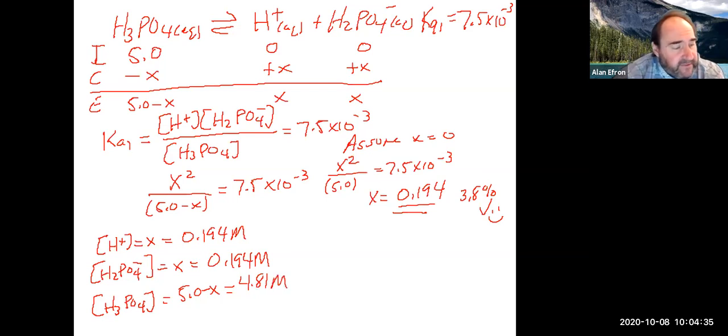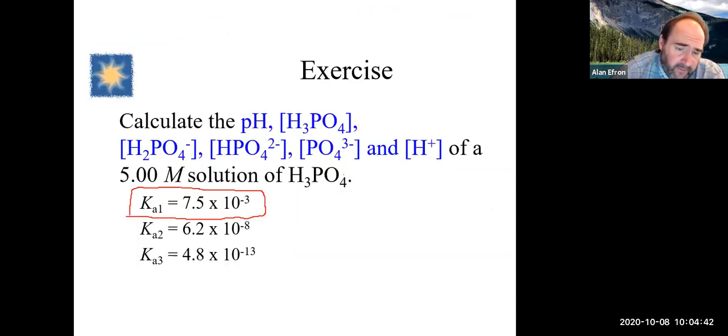So from this very first dissociation of an H plus in this weak acid here, if we go back to what we're looking for, we have now identified this concentration, and this concentration. But we still have a couple other concentrations that we're looking for. So that is going to require us to go to the next dissociation that we have going on there and see if we could get those concentrations.